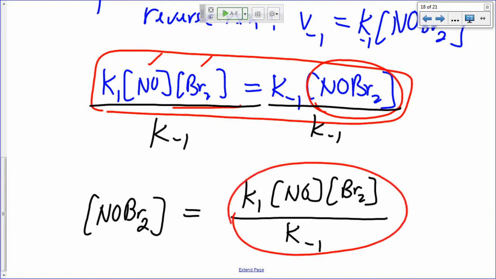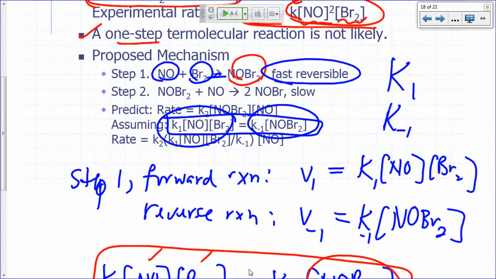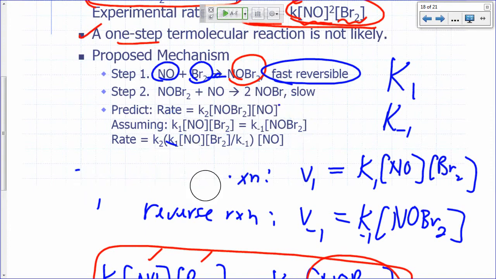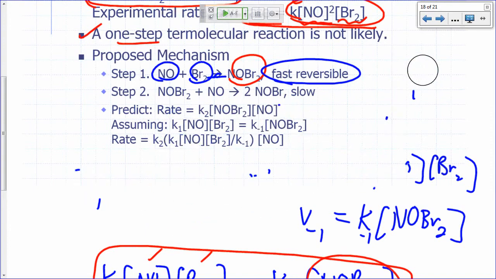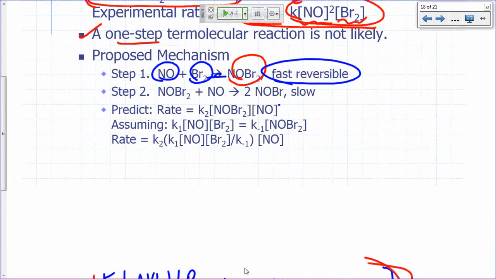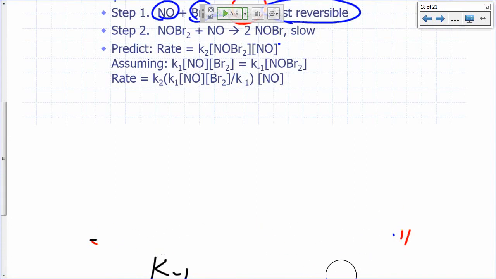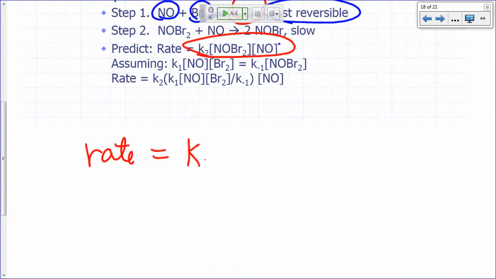I can plug that into my original expression, which was, what was my rate law for my slow step? Let's go back to our slow step, which is the rate law for my reaction, right? We say that rate is equal to K2 times NOBr2 times NO, right?